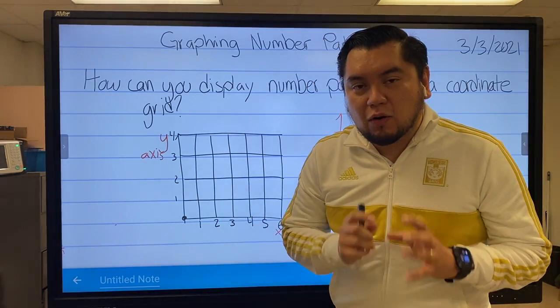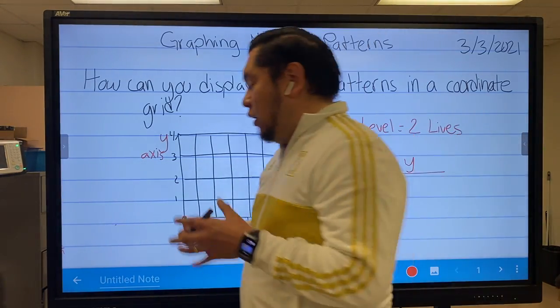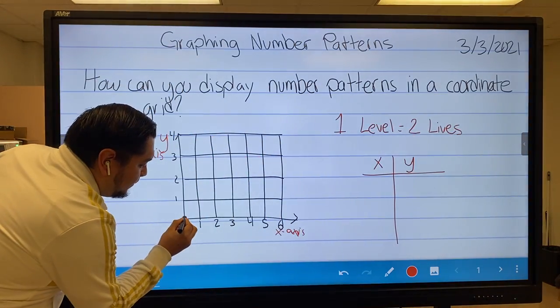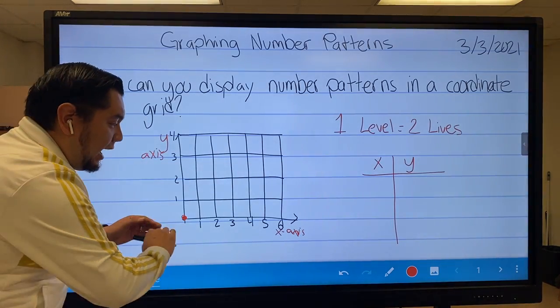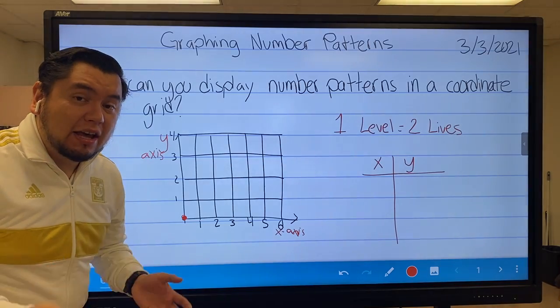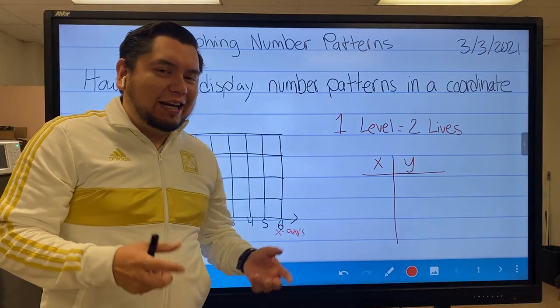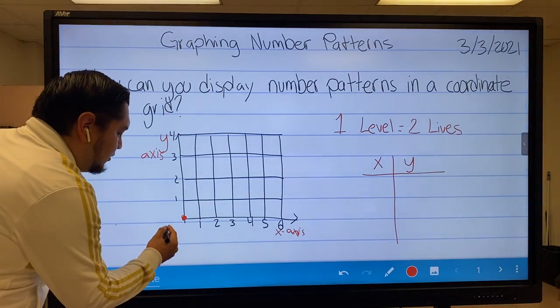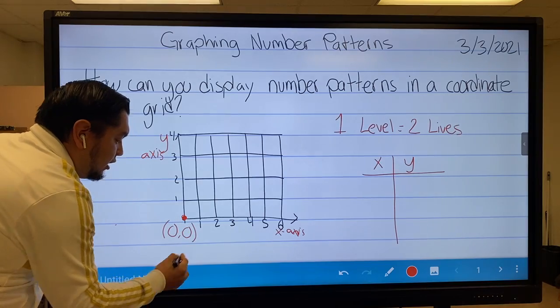Now, every coordinate grid has something called the origin. The origin is the place where the x-axis and the y-axis intersect, and it has a specific address. These 2 intersect at (0, 0).